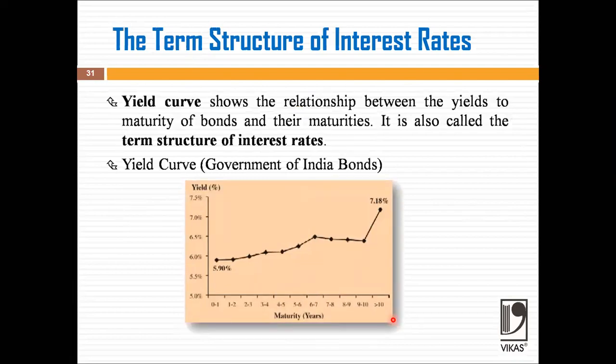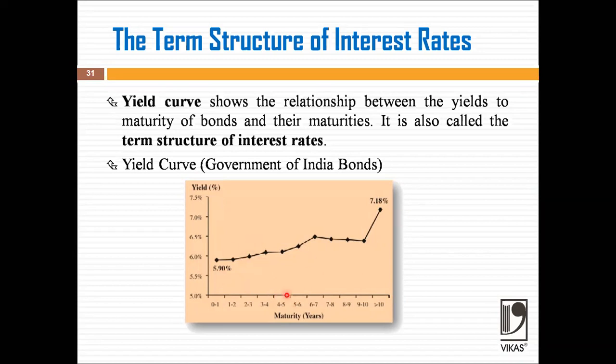The term structure of interest rates, the yield curve. The yield curve shows the relationship between the yield, meaning return, and the maturity period. If we draw a line with relation to yield and maturity period, this line is called the yield curve.